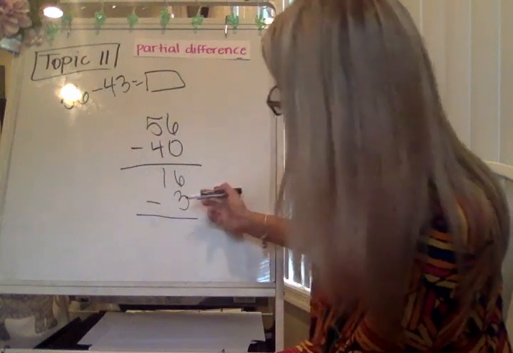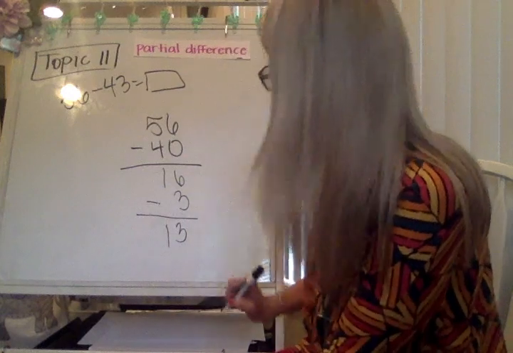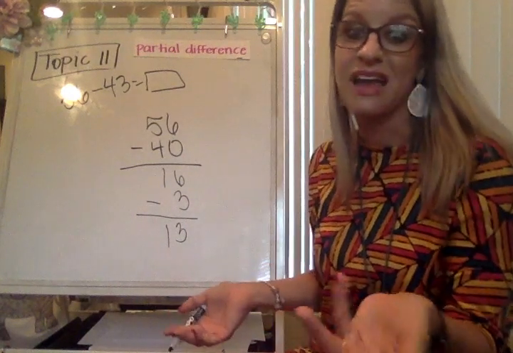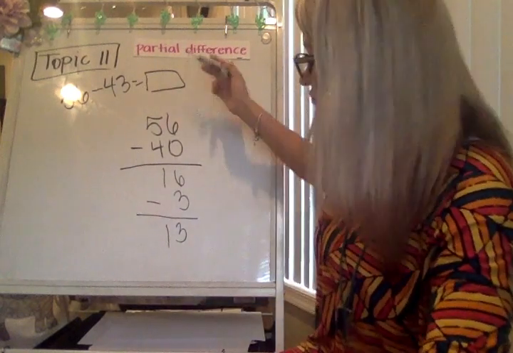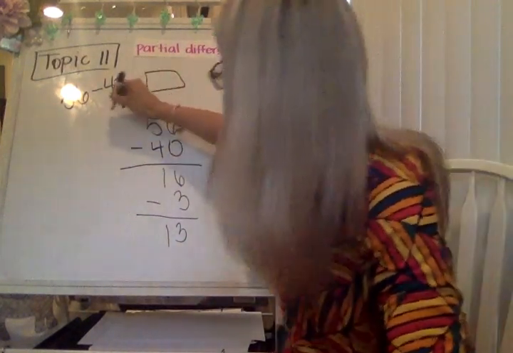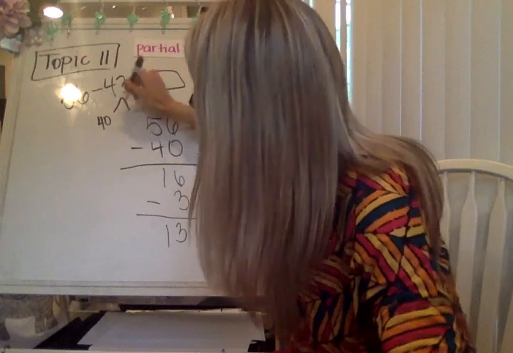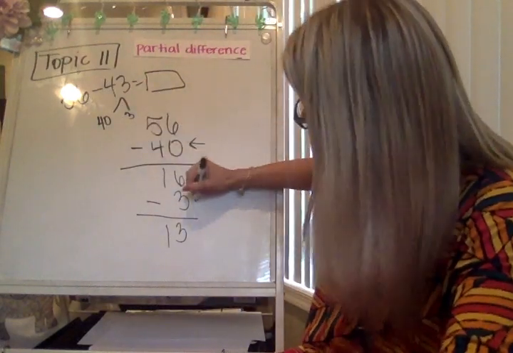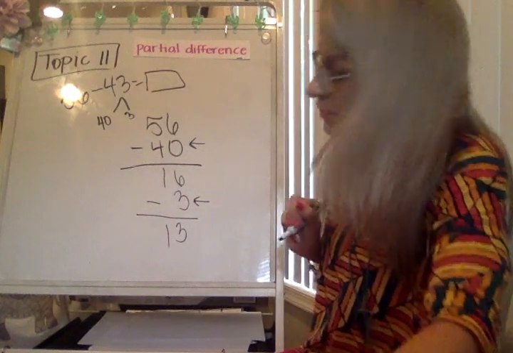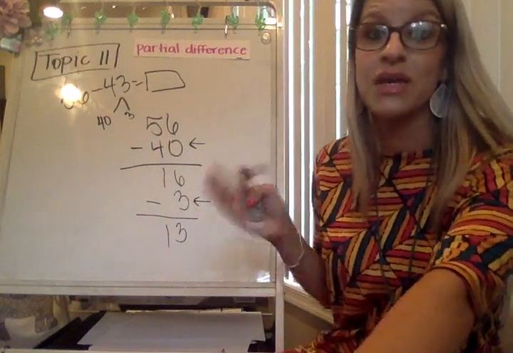So 16 minus the 3 is 13. So that's just another way that could be done as well. So both of these, I'm just breaking this apart and saying 40 and the 3. You can see that I've got the 40 right here and the 3 right here. So there's a couple different ways that you can tackle that.